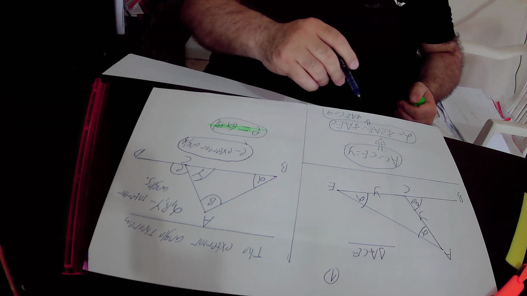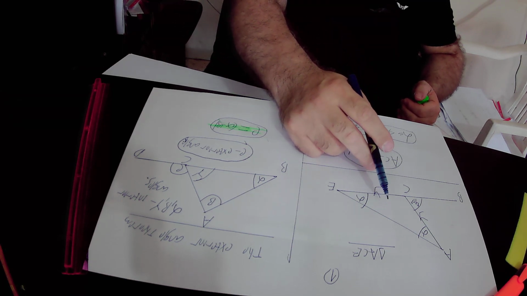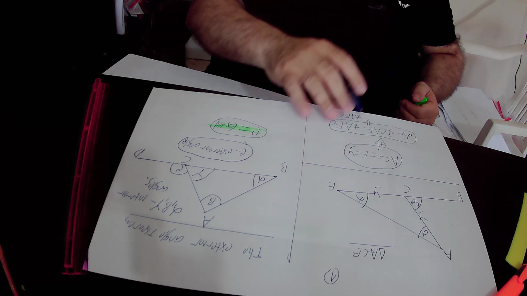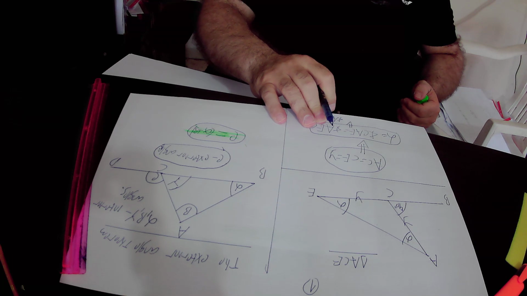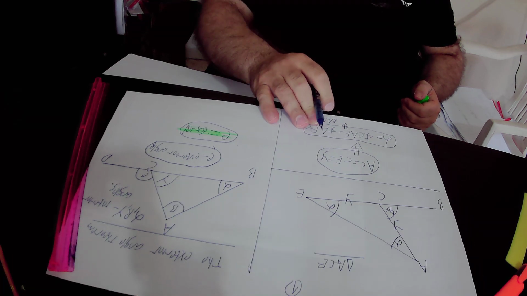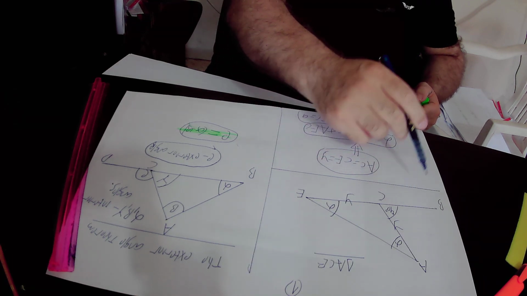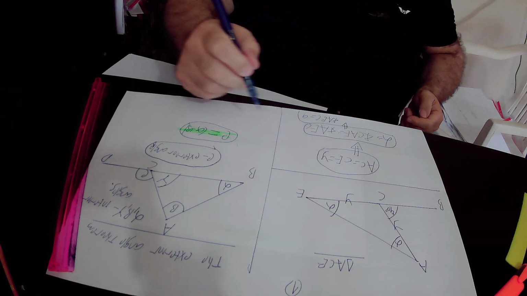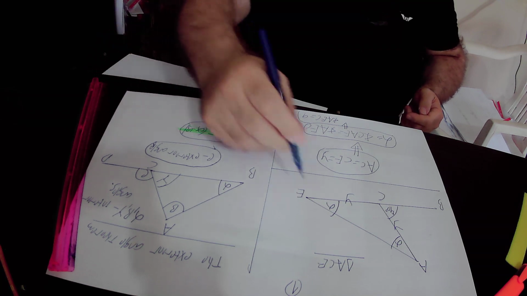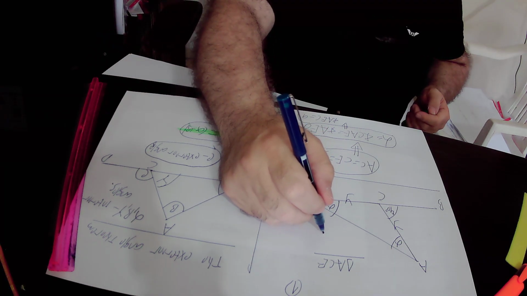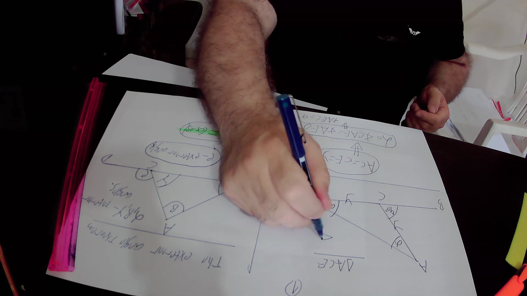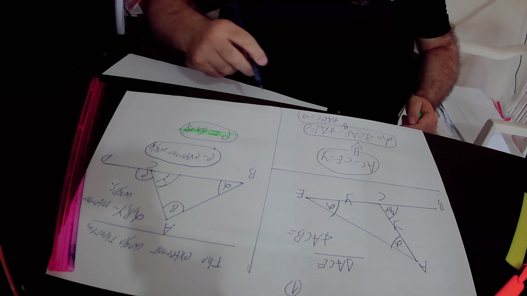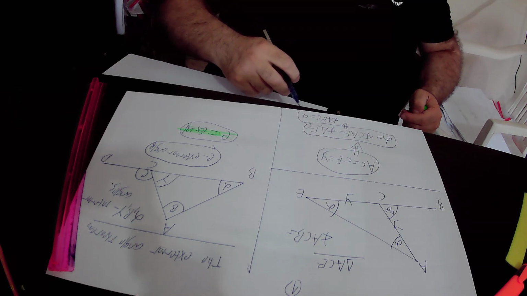Triangle ACE has two interior angles, alpha and alpha. And it also has, in the drawing, one exterior angle, which is angle ACB. According to the exterior angle theorem, the value of the exterior angle ACB is equal to the sum of the two interior angles that are not adjacent to it.